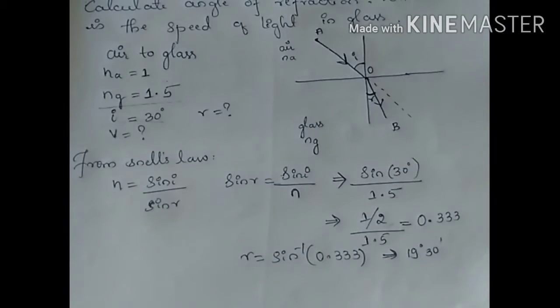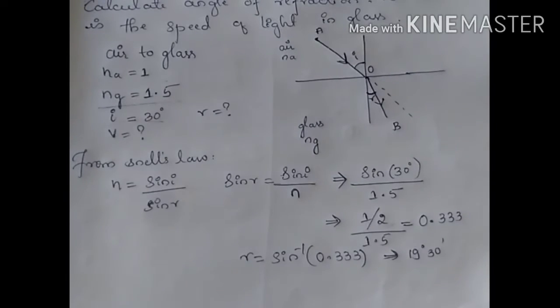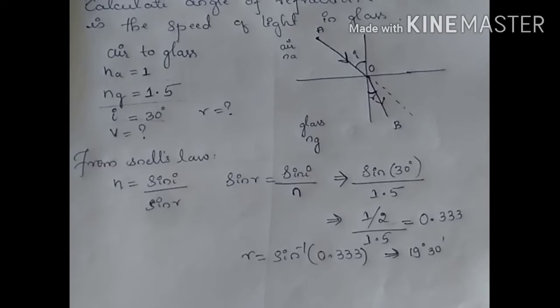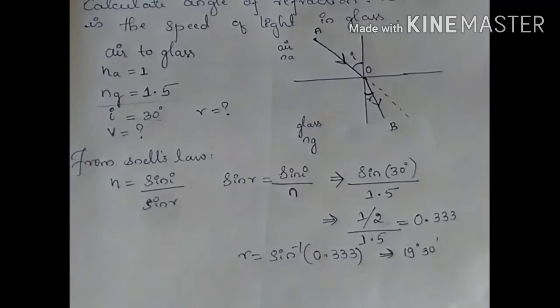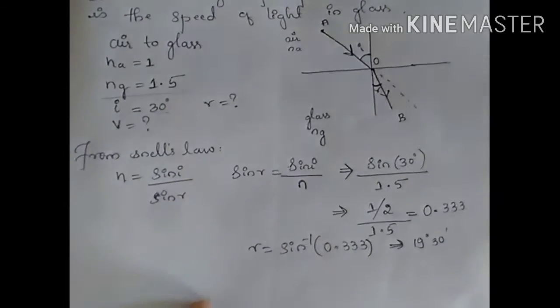So now the next question is, what is the speed of light in glass? Here we have to find how much the speed of light is when it travels in a glass medium.